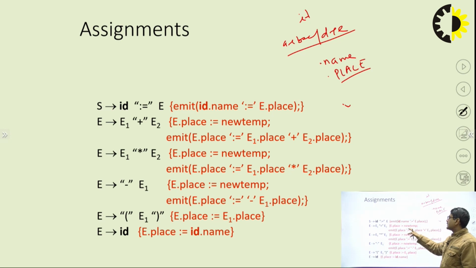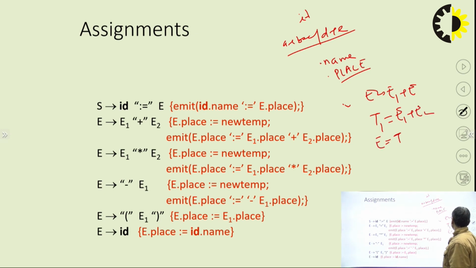So E dot place equals new temp, because E is the particular location where the calculated value, converted into a single value, is stored. If you are writing E1 plus E2, that is T1 equals E1 plus E2 and E equals T1. So that is a kind of assignment.